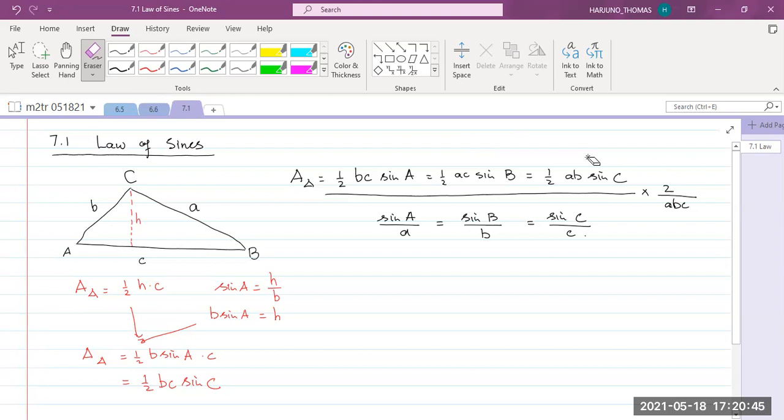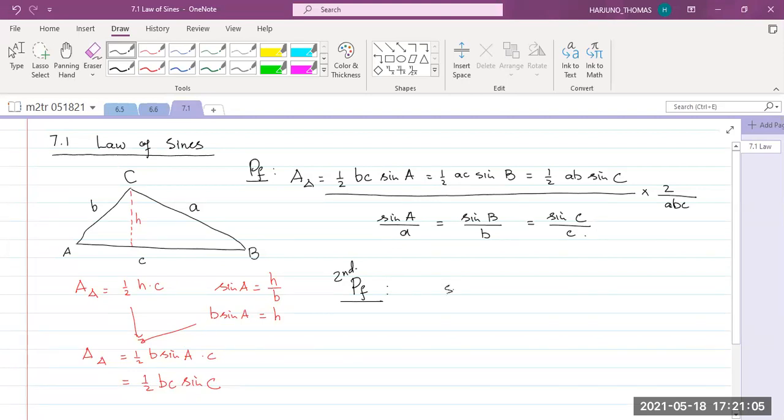Another way to prove this is by looking at that triangle that I drew, the second proof. Look at that height.